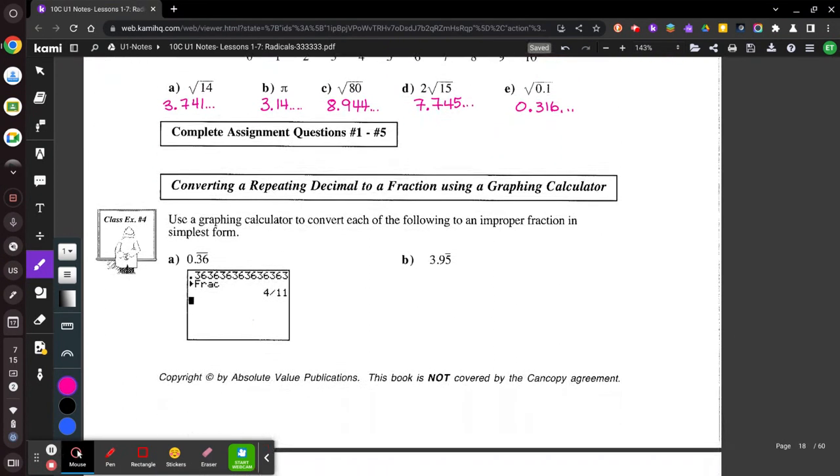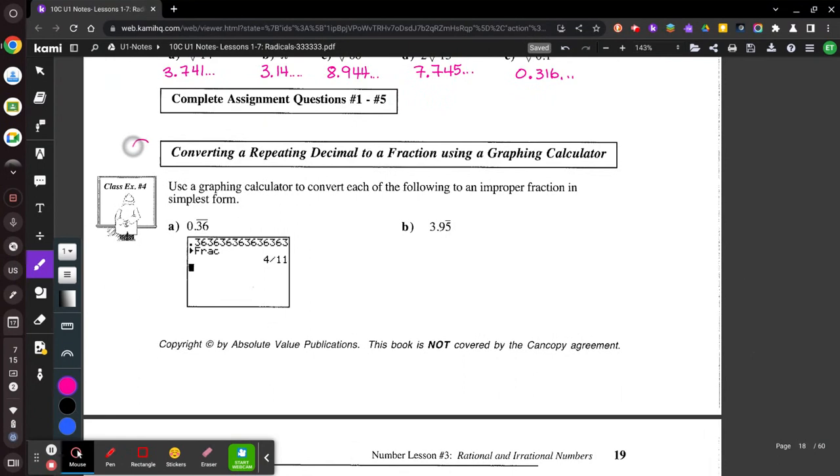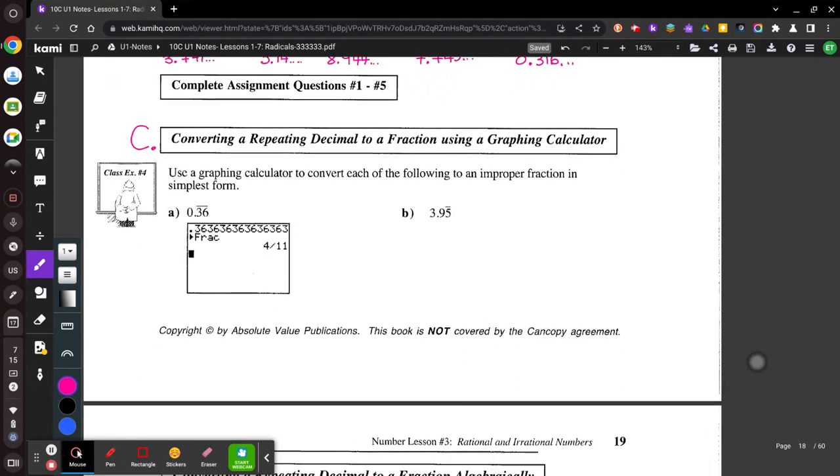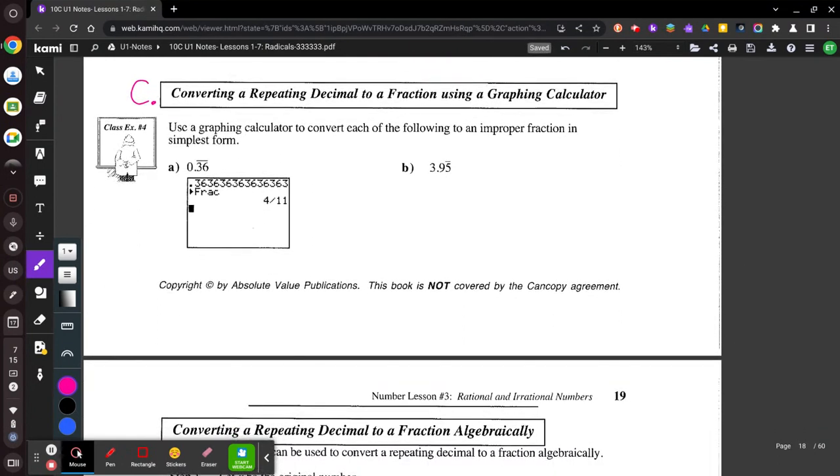Now we're going to look at converting decimals to fractions in our calculators. So how do we do it? The first thing we must do is the decimals must fill one complete row on your calculator screen, which is what they're showing in the first example.